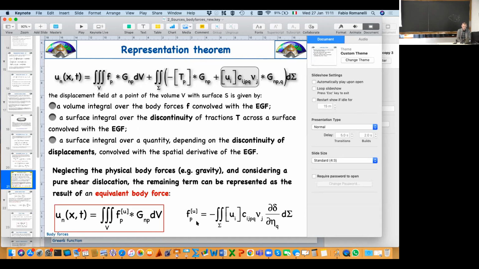And there it is. That's the story. So the real body force is neglected, but we can write this term with a force representing a shear dislocation on a fault. Okay, I see.